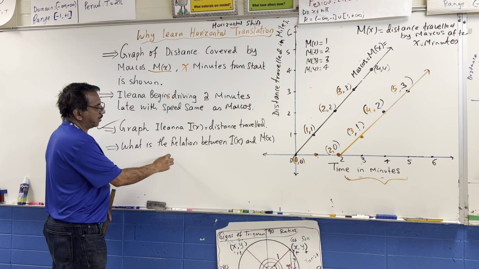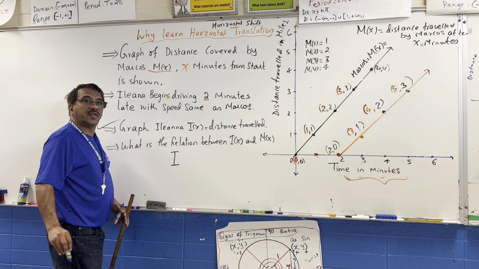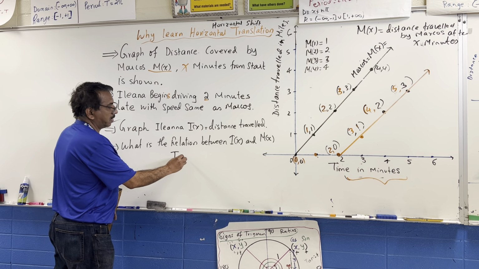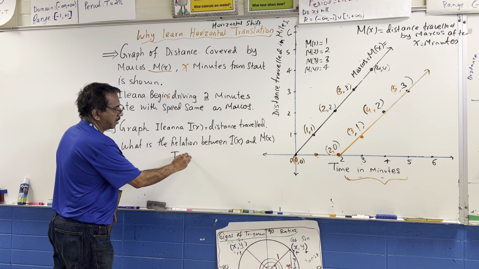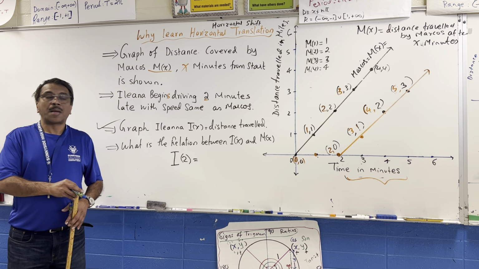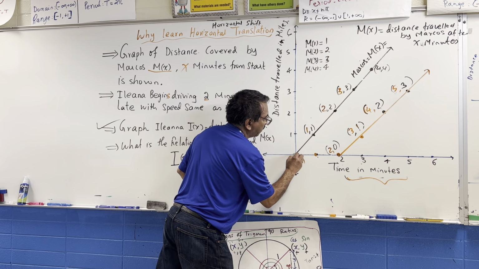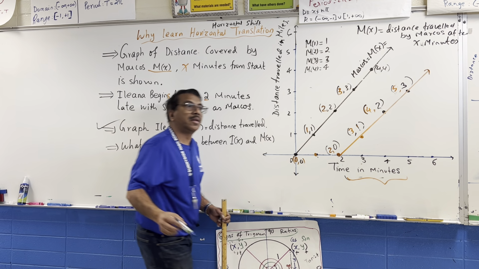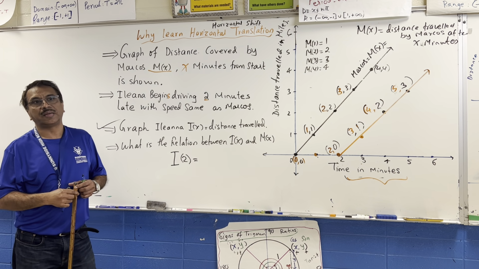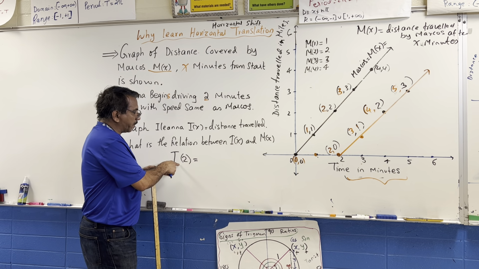If I write I of 2, the distance traveled by ELianna in 2 minutes. Now this is comparing from here: this is where Marcus started, and ELianna begins 2 minutes later, right? So what is the distance of ELianna here?